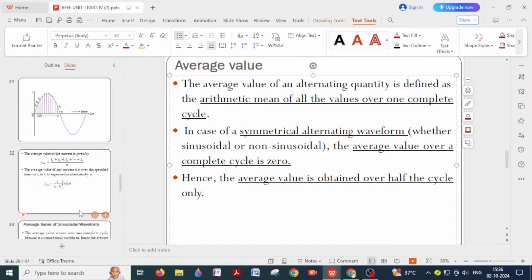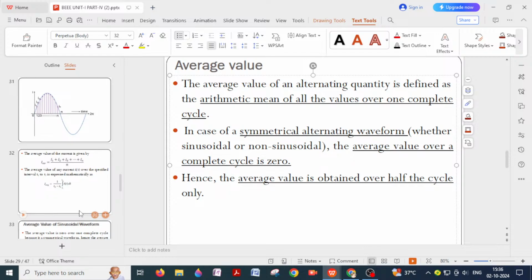Now let us see the average value of an alternating quantity, which is a sine wave here.